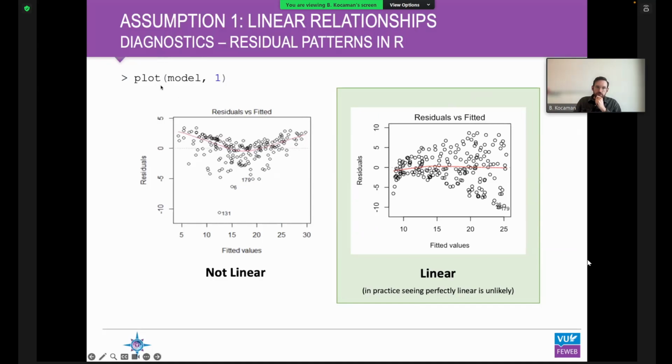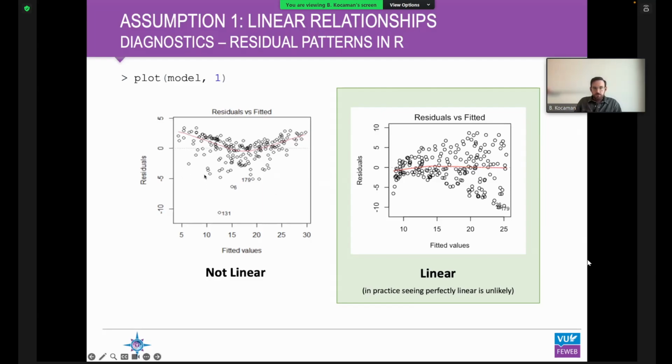Once you have your model, which is basically an LM object, meaning that you previously fitted the model with the LM function and saved it in this object, you can actually plot this object. The first plot that comes out of this is a plot of residuals versus fitted values, called a residual versus fitted plot.